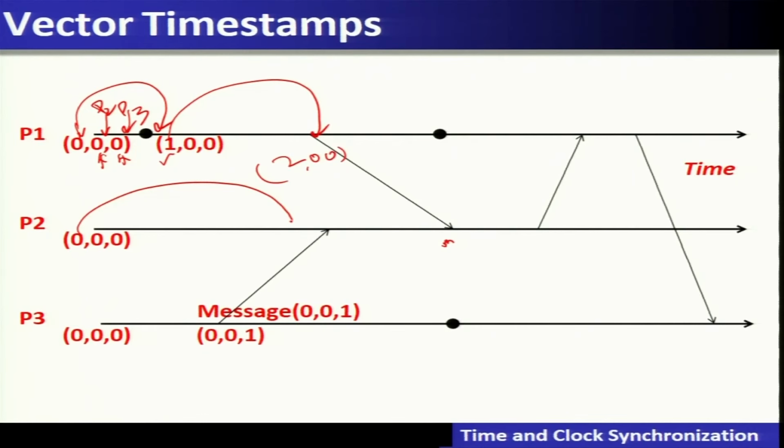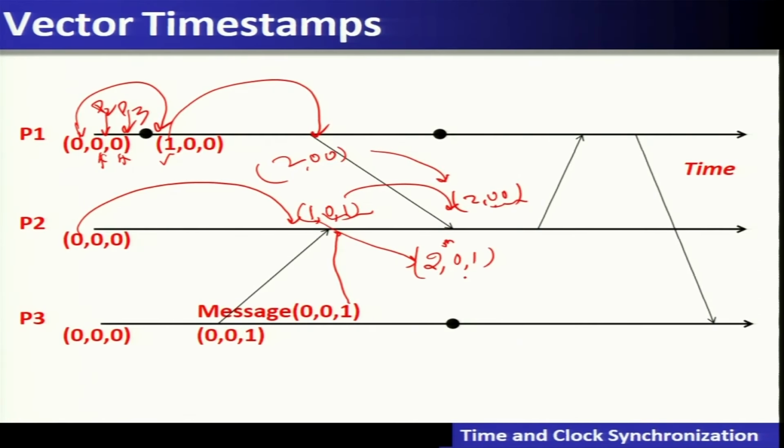This is the receipt of a message, so its internal event will increase, so it will become 1, and the other entries are updated with the more recent values from the message, taking the maximum for each.